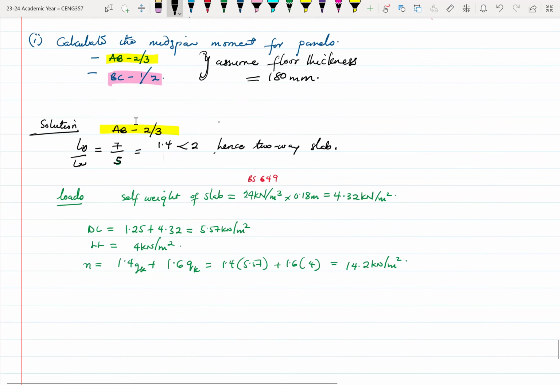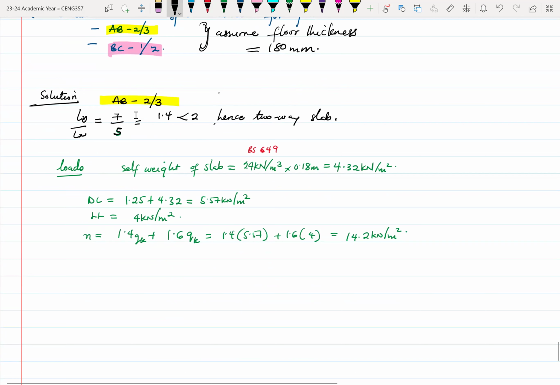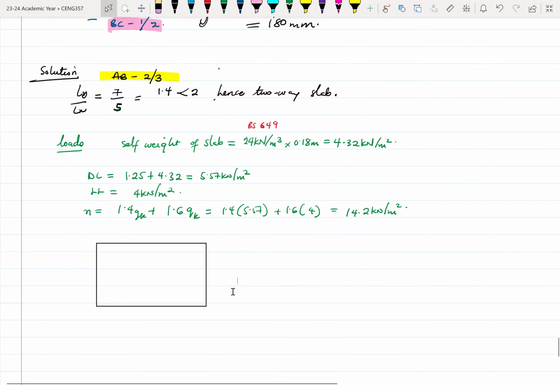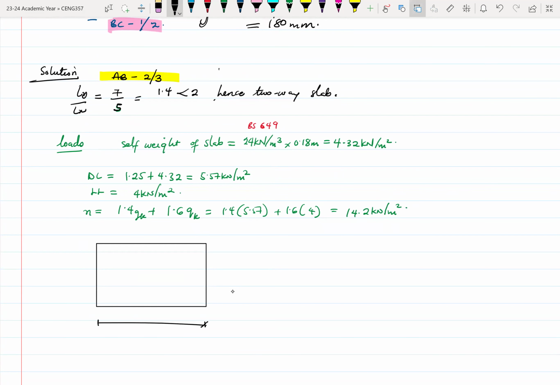Let's see what that panel has for us in terms of whether it is continuous or discontinuous. We know that this length is 7 meters, and this length is 5 meters.